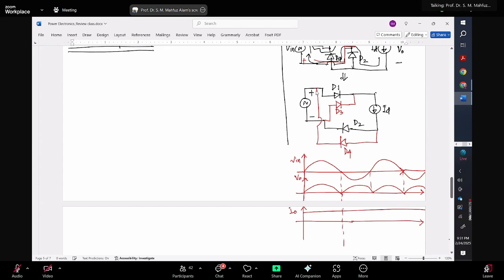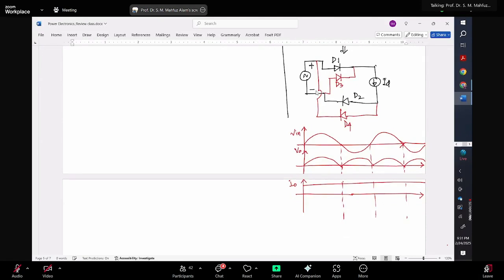So during this portion, during the positive half cycle, for this portion, D1 and D2 will be operating, and during the negative portion, D3 and D4 will be operating. Again, D1 and D2 will be operating during this portion, and D3 and D4 will be operating during this portion.